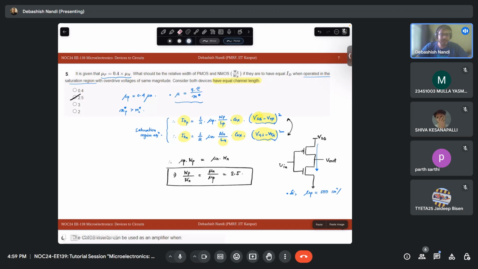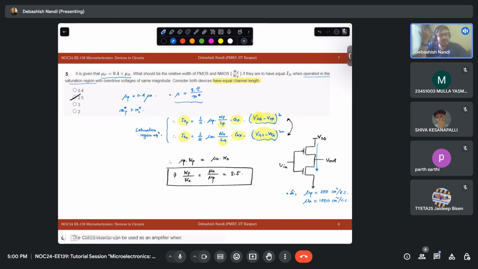Anyone? Unit of mobility? The unit of mobility is centimeter square per volt second, right? And what is your mu n? Mu n will be around 1000 centimeter square per volt second.